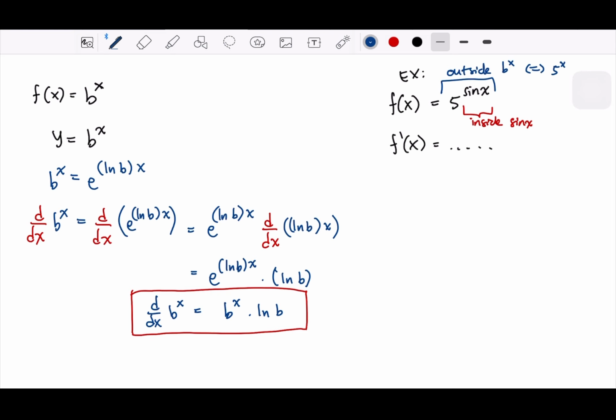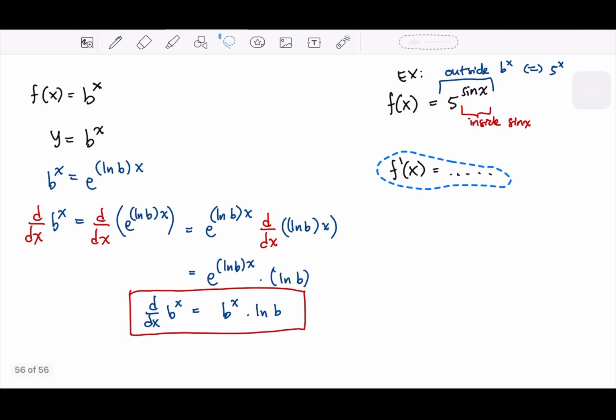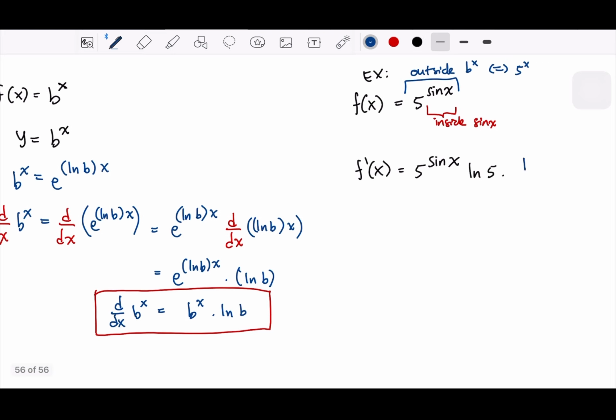Now slowly we can see that if we have this, what we need to do is write the whole thing, the original equation, 5 with power sine x, and then add ln 5, and then multiply with the derivative of sine x.